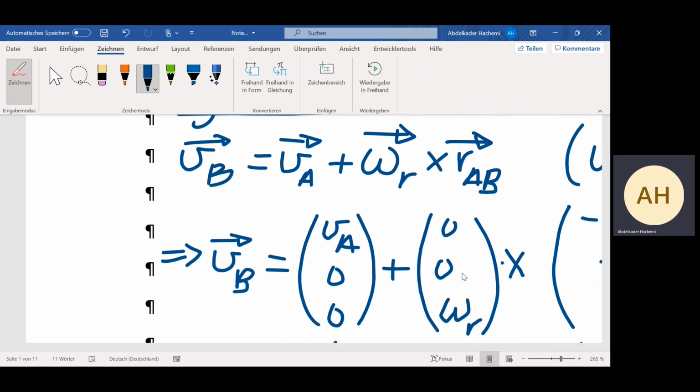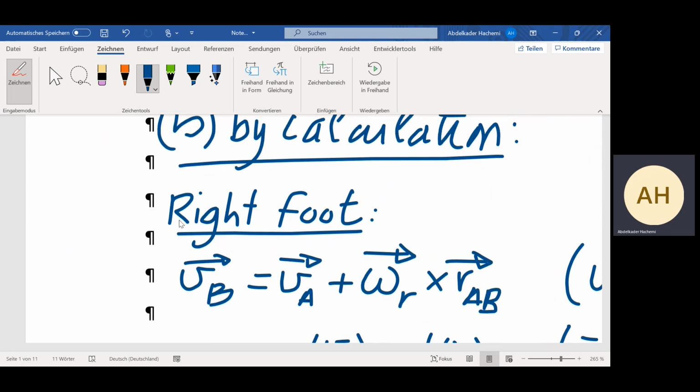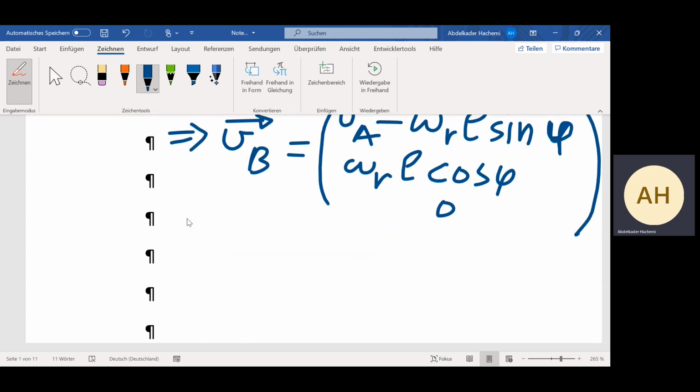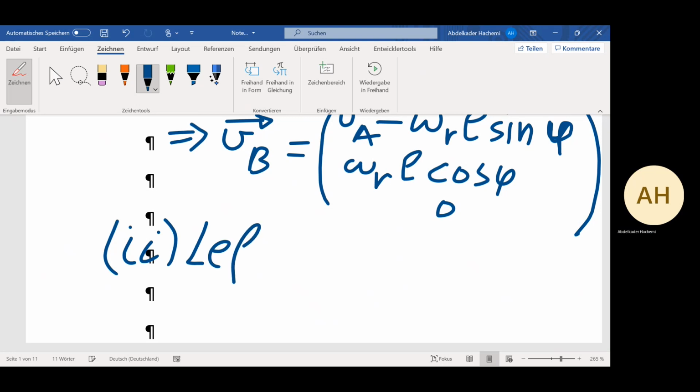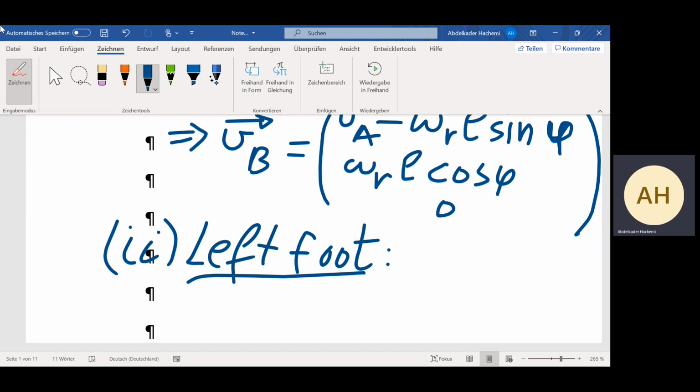Now we took first the right foot. Now we take the left foot. What we have is VB, it belongs to the left foot also, and also to the right foot.